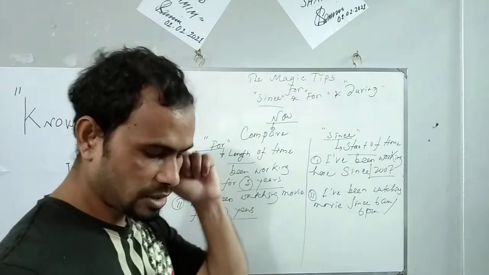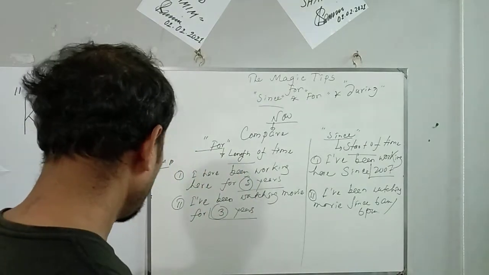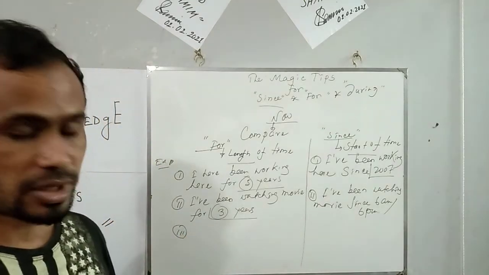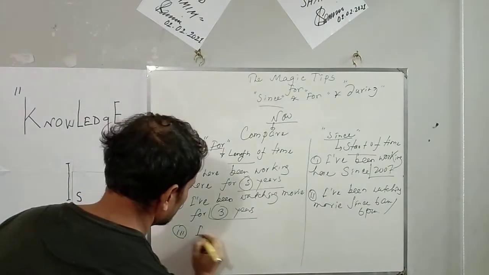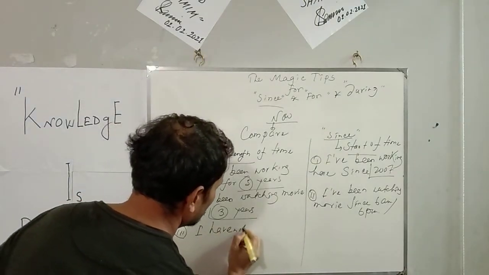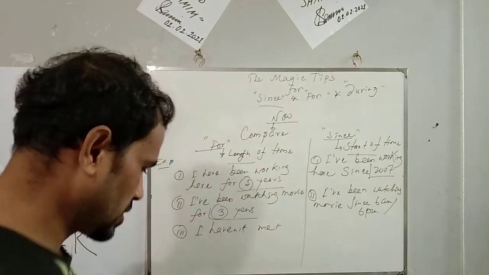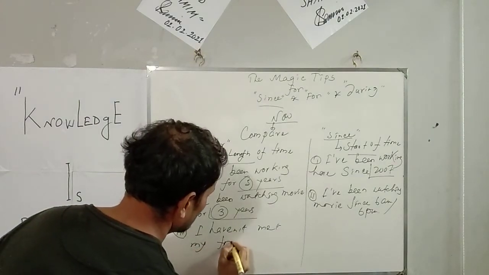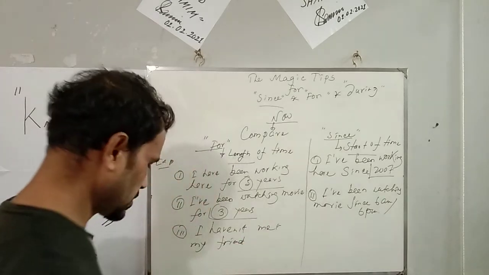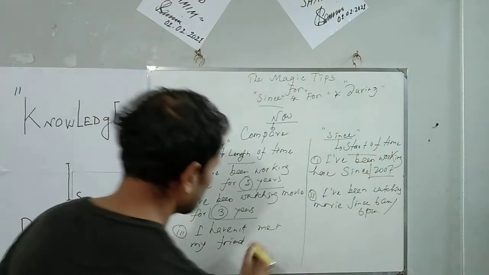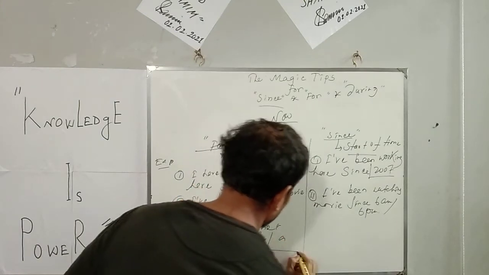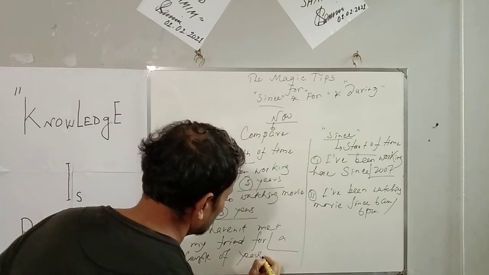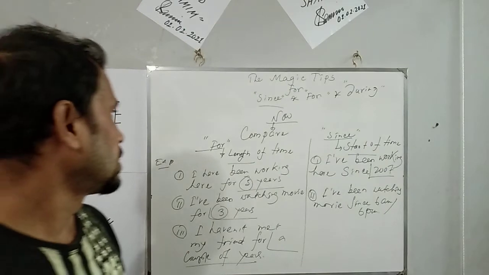I'd like to write one sentence. Okay. Number 3. I haven't met my friend for a couple of years. A couple of years is the length of time.